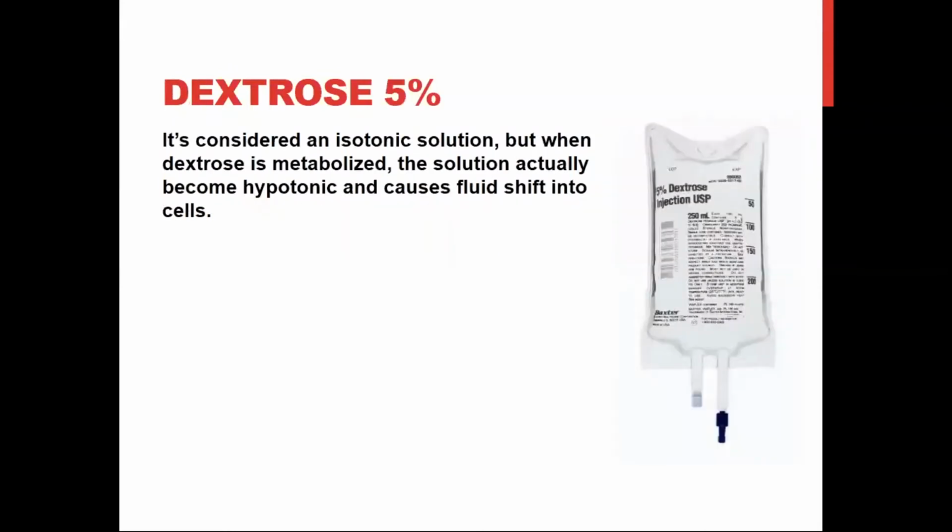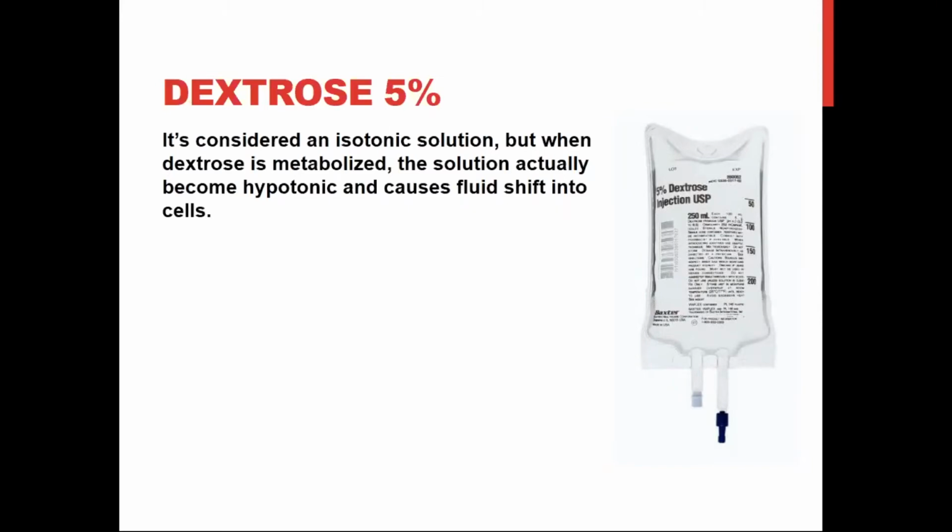Another example, which is common, dextrose 5% solution. It is considered an isotonic solution مثل ما قلنا, but when dextrose is metabolized, the solution actually becomes hypotonic and causes fluid shift into cells.